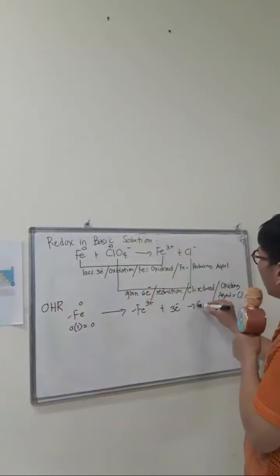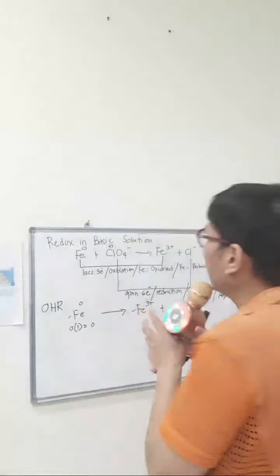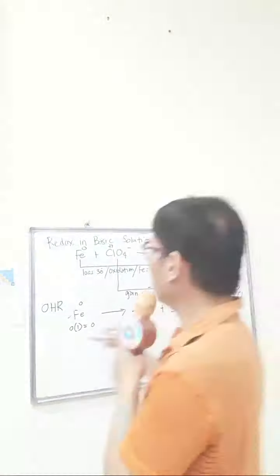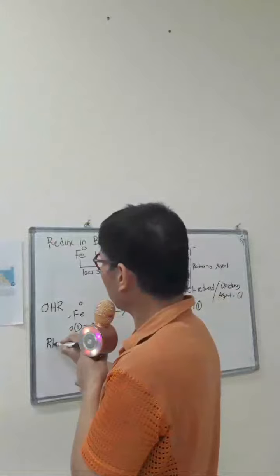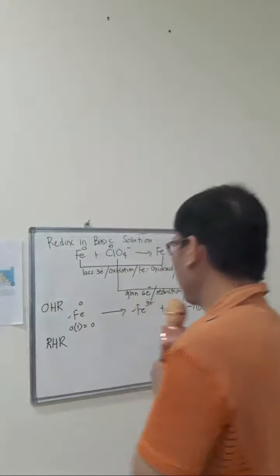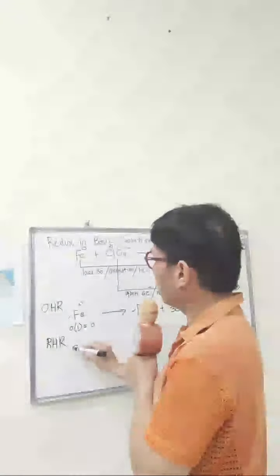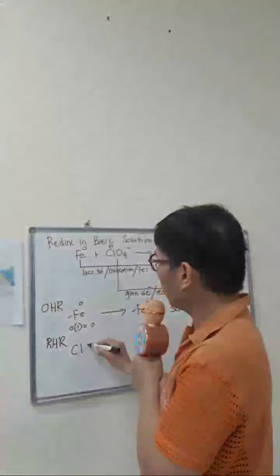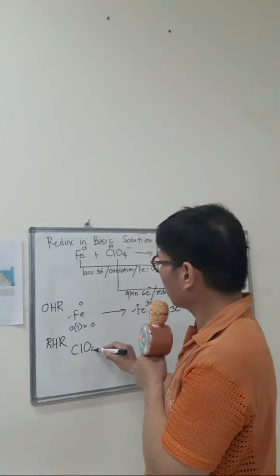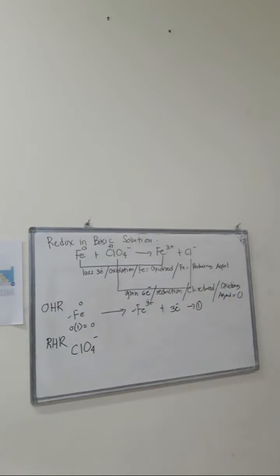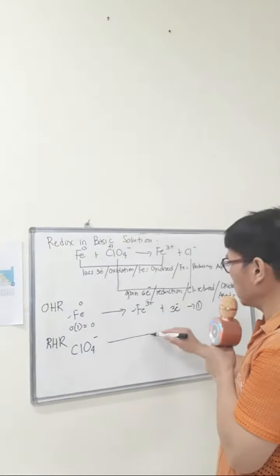Equation number 1. Now we go to the reduction half reaction, RHR. So I have here perchlorate, a polyatomic anion, and then go to chloride.